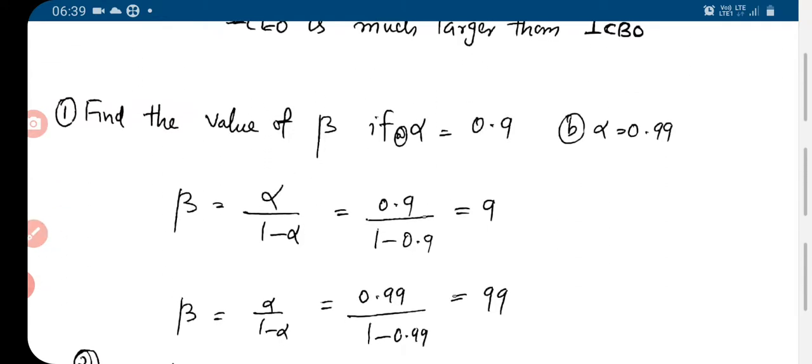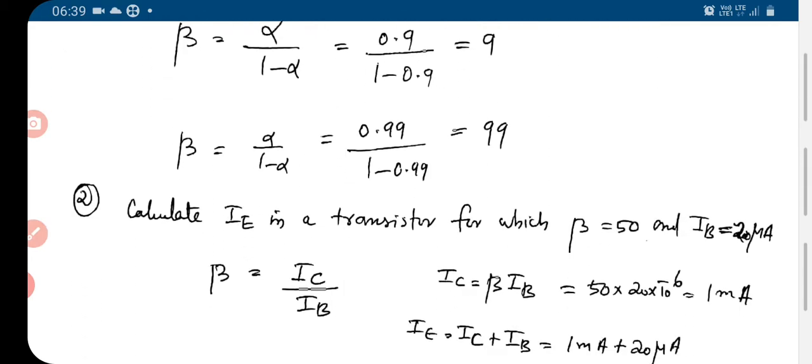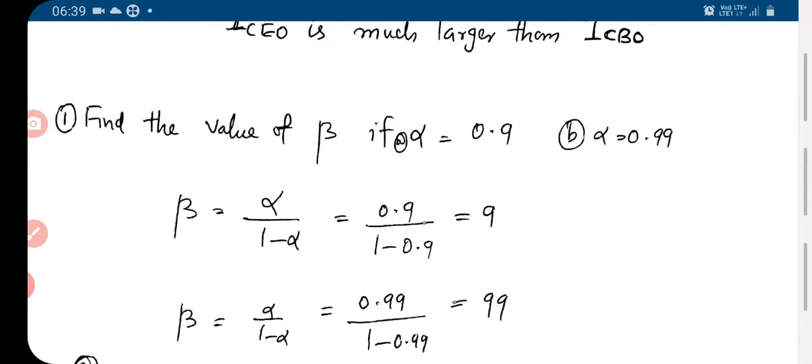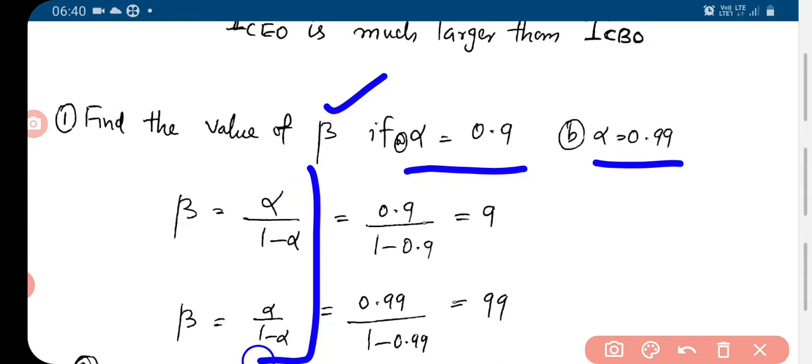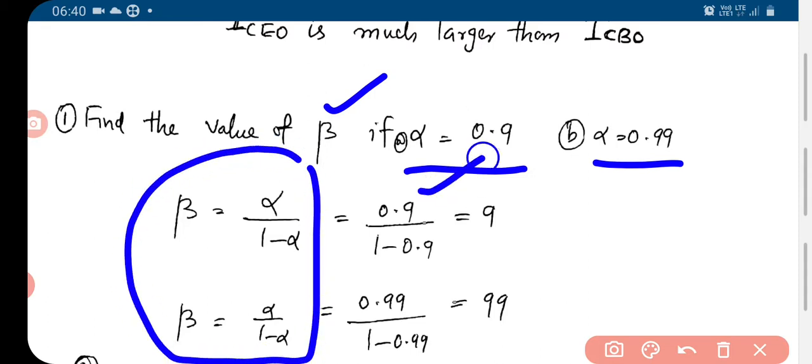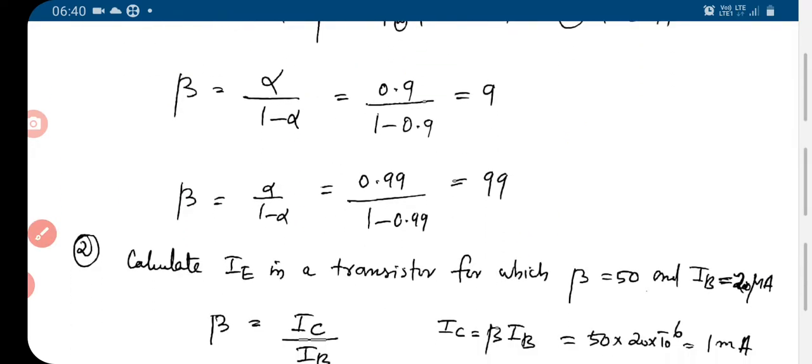Now we do certain problems to find the relation between beta and alpha. Suppose we want to find the value of beta. If alpha is 0.9 and if alpha is 0.99, we just substitute in this expression. We put alpha equal to 0.9 and we get beta, and here we put alpha equal to 0.99 and we get beta as 99.